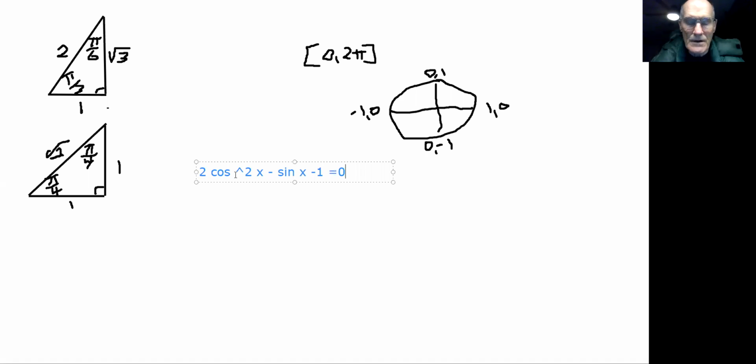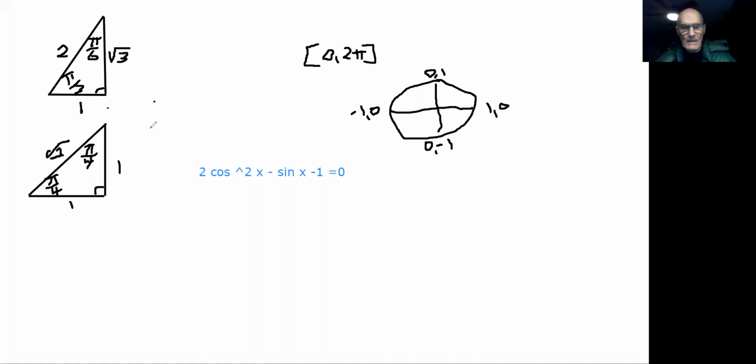Now, what you'll notice here is you have a cosine expression and a sine expression, and you can't solve a trig equation with two different trig functions in it. So we're going to get rid of one of them. If you remember, I'll write out the identity that we use.